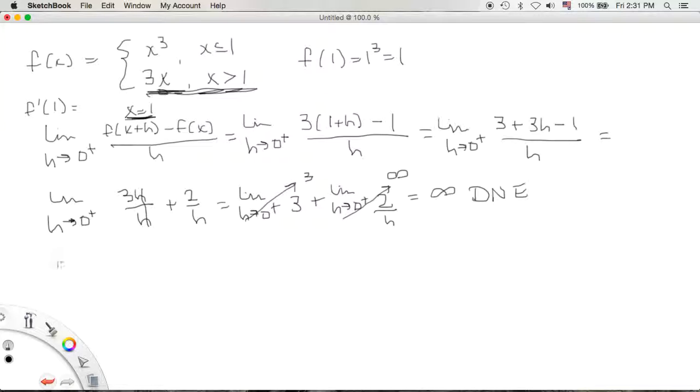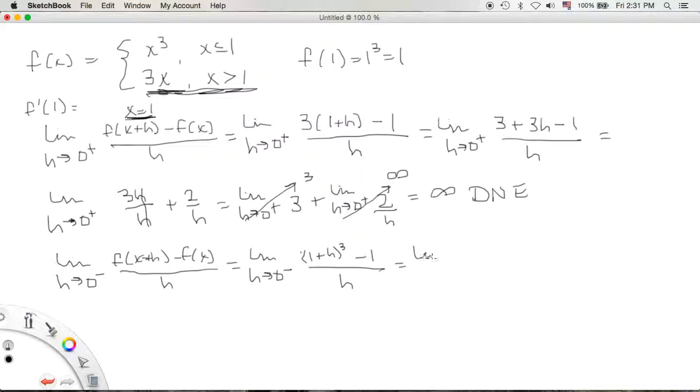Now from the left, again, write that definition down every time. This is one of those key and important things. So we're looking at when x equals 1, and we're coming from the left this time. So we're going to have 1 plus h cubed minus 1 over h. And yes, you need to multiply that whole thing out. So you get 1 plus 3h plus 3h squared plus h cubed minus 1 all over h.